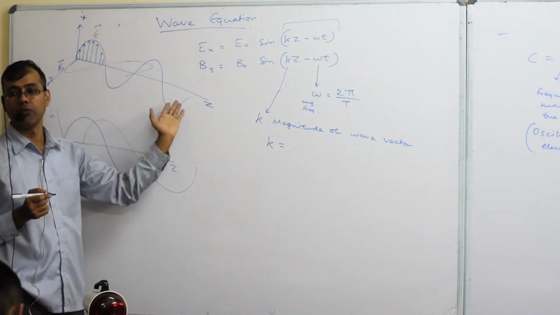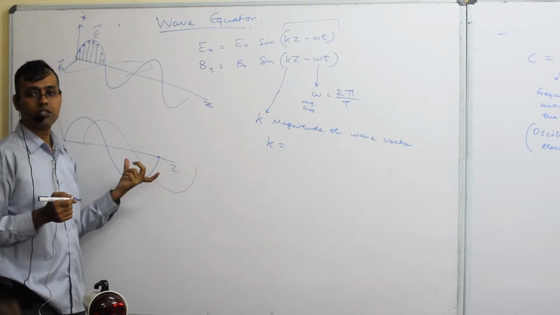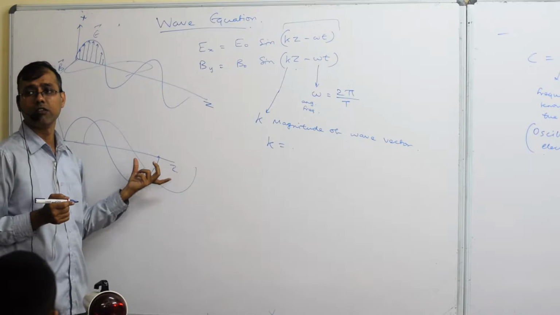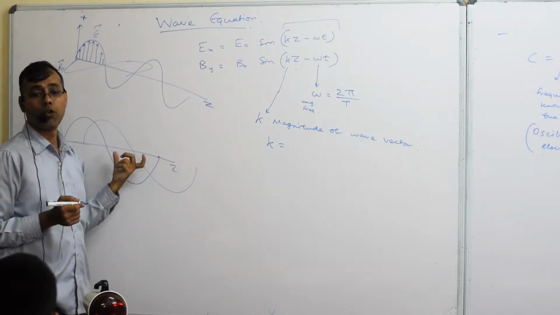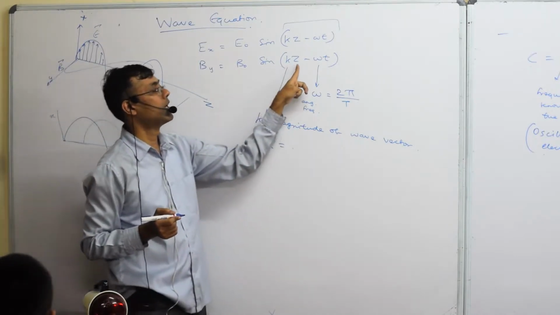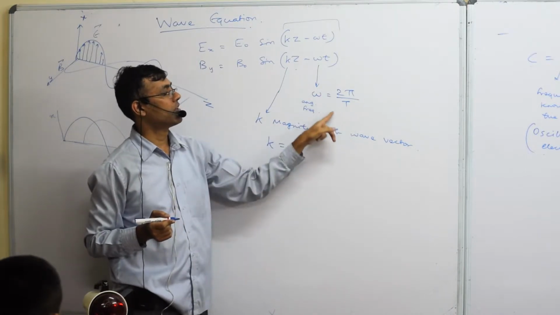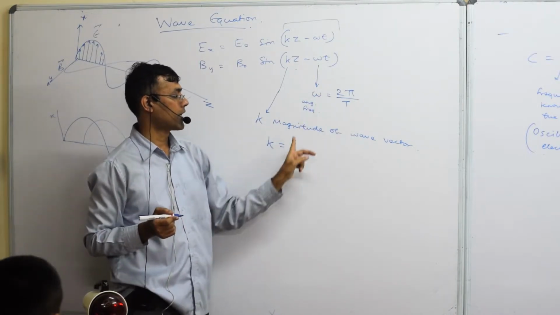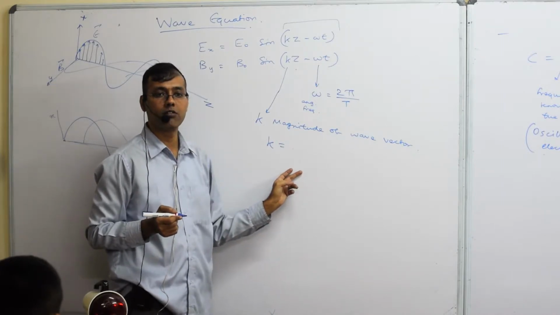So how do you measure this location from here to here? Do you measure it in kg or meters or seconds? Location. Meters, right? So that means this will be a length unit. That means I should put something very similar to this, but I should not put the time. What should be in the bottom? I should also have the same unit as meters.